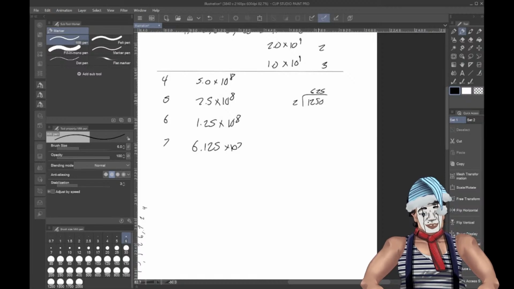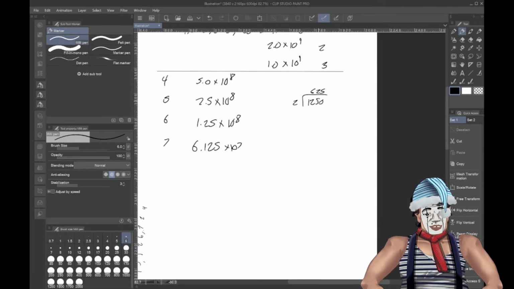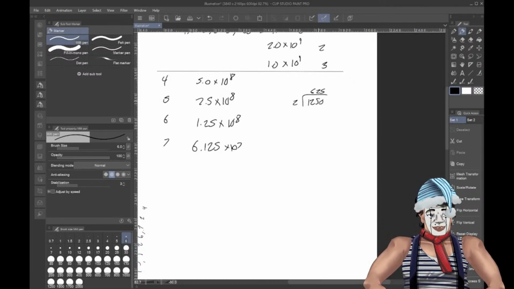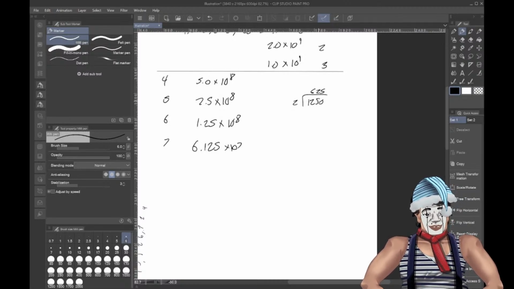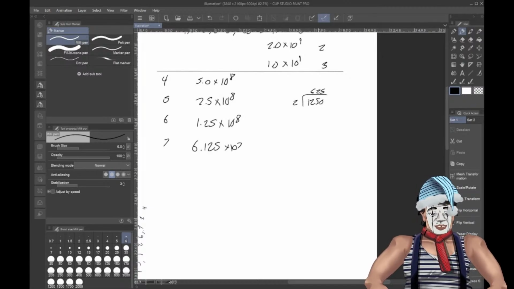Okay, cut this in half. What do you get? Is that right?